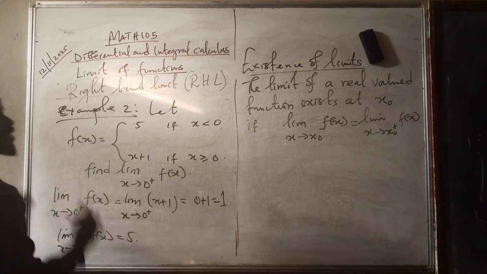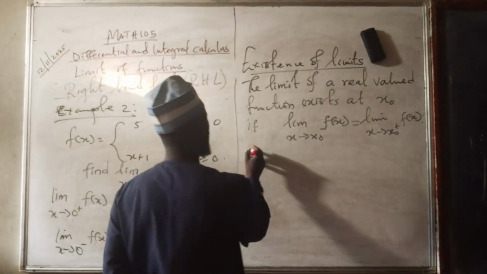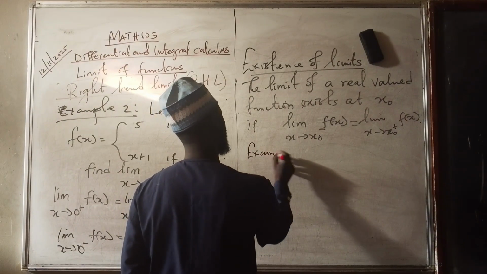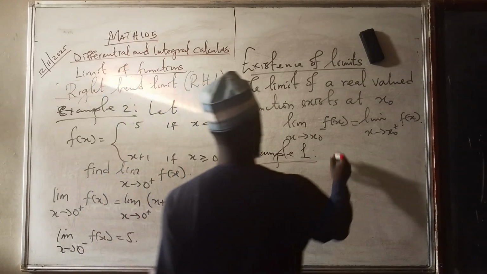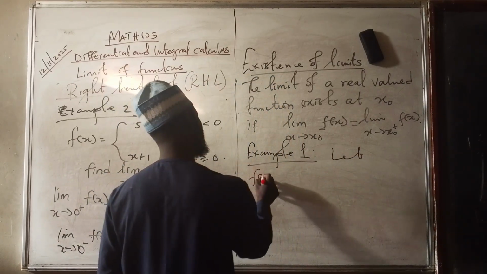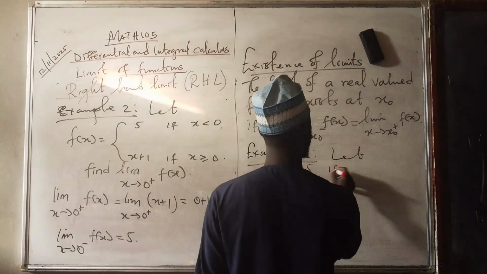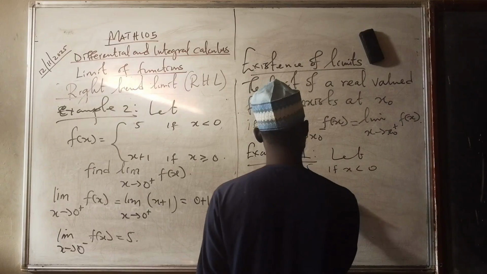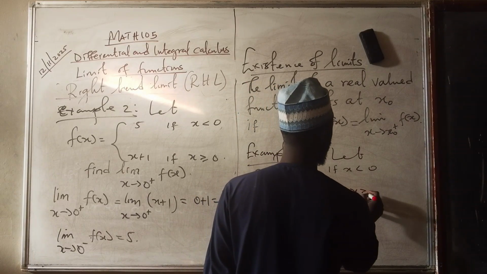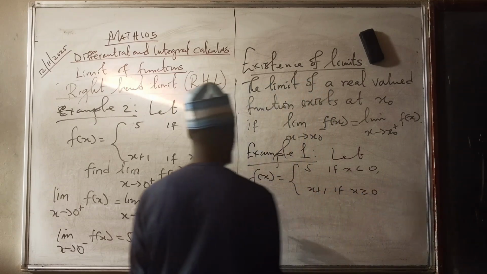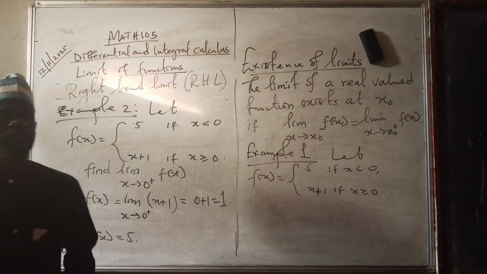Let's take this as example 1. Let f of x be equal to 5 if x is less than 0, and x plus 1 otherwise, that is, if x is greater than or equal to 0. We want to see whether the limit exists.